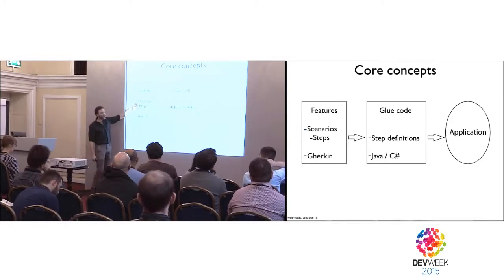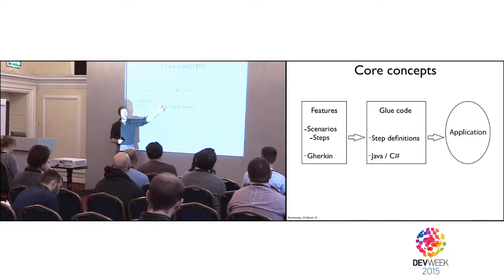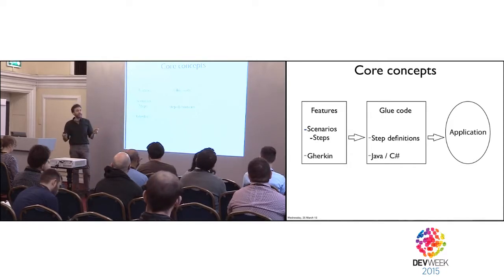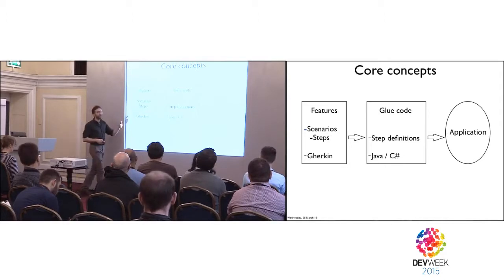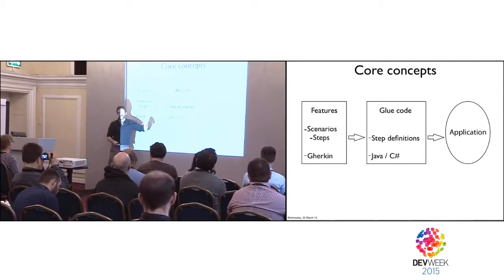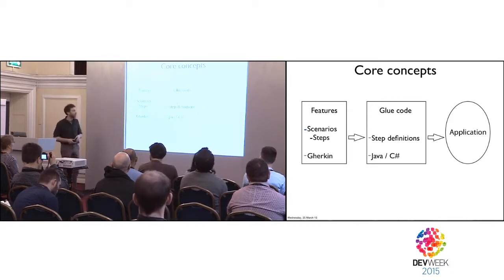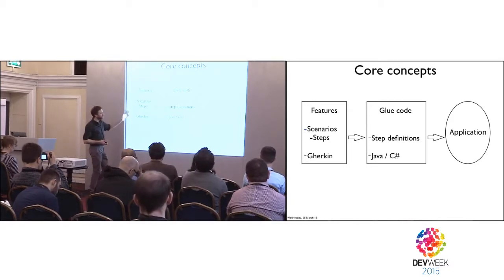Every step, as in every sentence that begins with given or when or then, has a corresponding step definition that it will cause to execute. So it's a one-to-one mapping. And the step definitions are written in the language of your tool. With Cucumber JVM, it might be Java, or in fact Groovy, or Scala, or Clojure. In SpecFlow, it'll be C#.